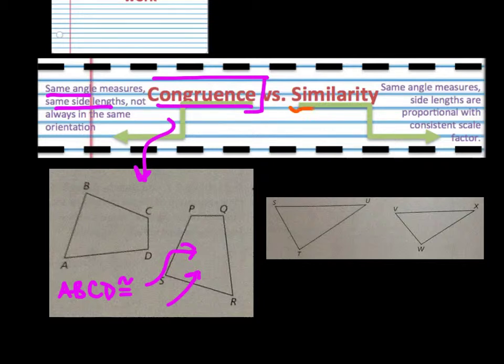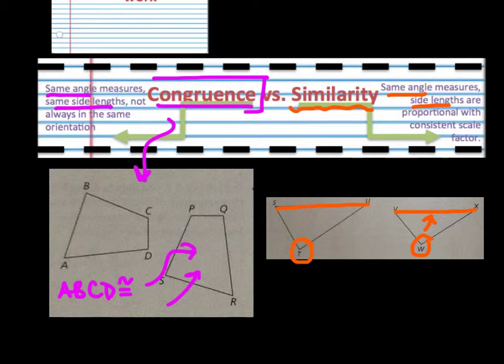Similarity is this concept. We have the same angle measures in the same sort of setup as the others, but the side lengths that correspond to those angle measures, so we have W and its corresponding side length would be this one, they aren't the same.